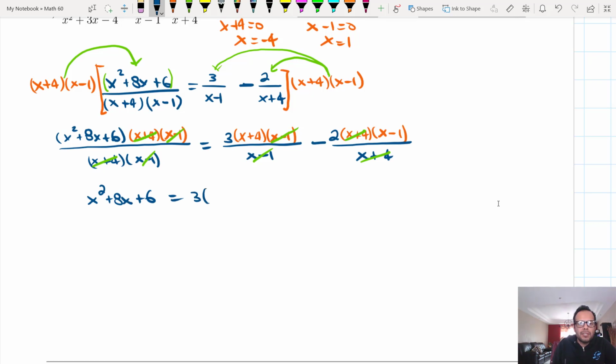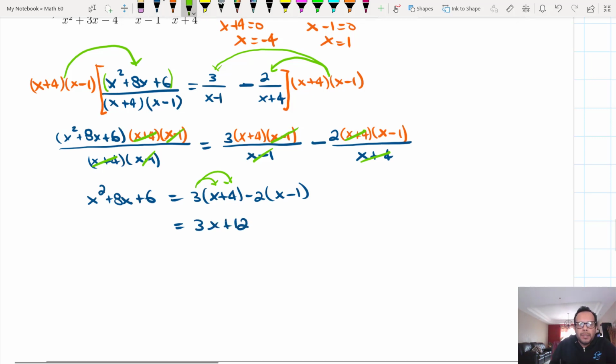equals 3 times x plus 4 minus 2 times x minus 1. Be careful with the signs when we distribute the coefficient. Distribute the 3, right? That'll give us 3x plus 12.